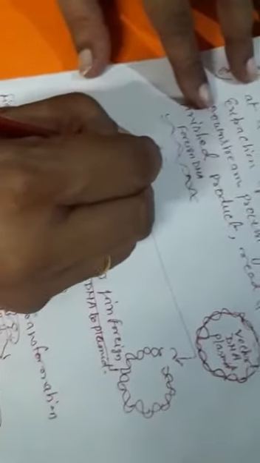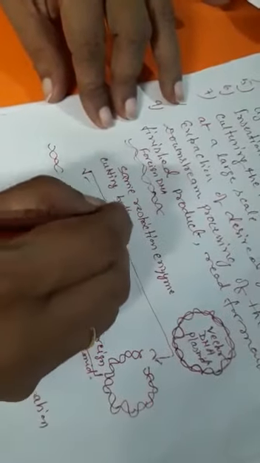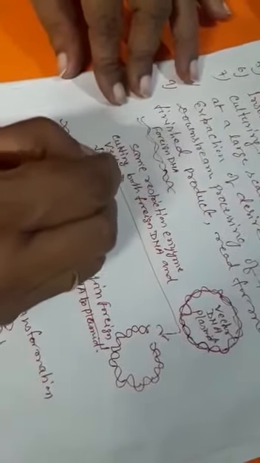The same restriction enzyme cuts both foreign DNA and vector DNA at a specific point, that is, at specific points cutting DNA. So these are the structures.